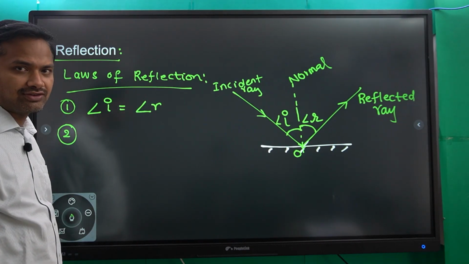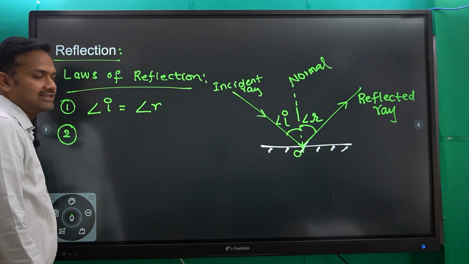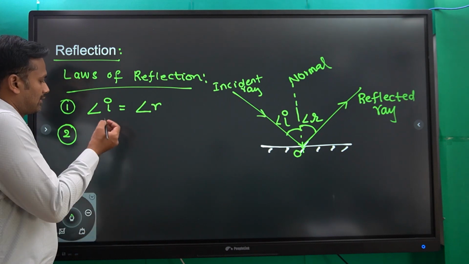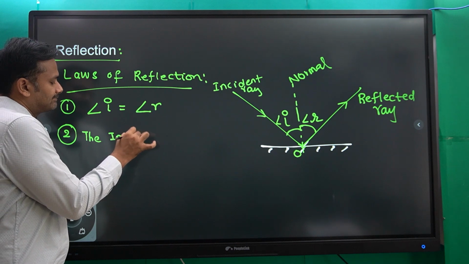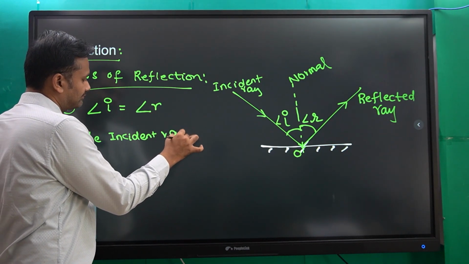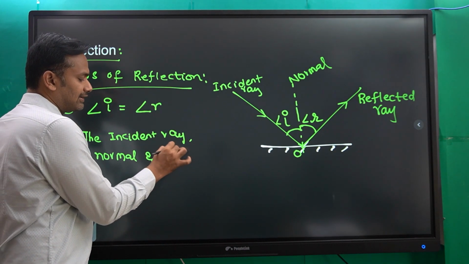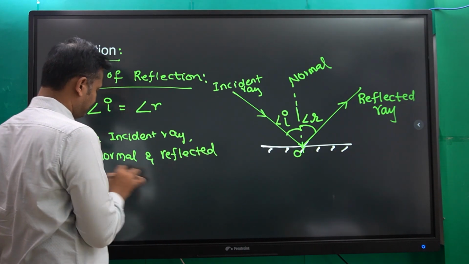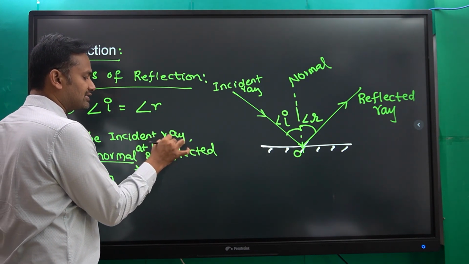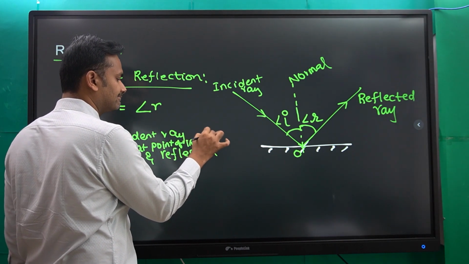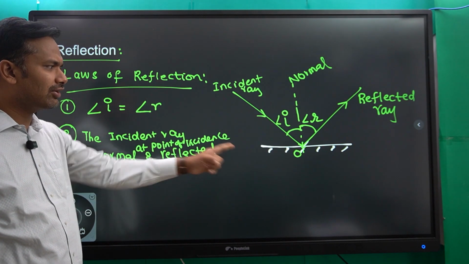Now coming to the second law of reflection. What is that? The second law of reflection says the incident ray, the normal, and the reflected ray, where the normal is at the point of incidence.